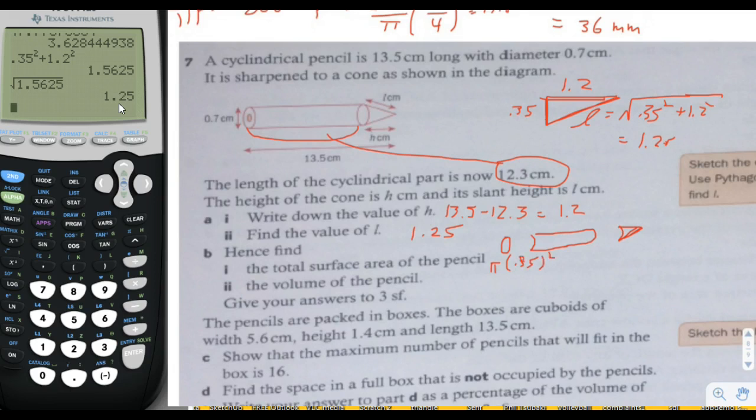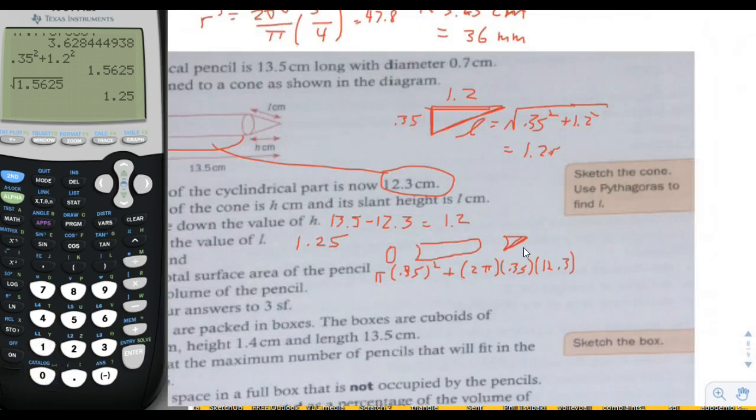The wrapped around part would be 2 pi r, with r 0.35, times the length of the cylindrical part, which is 12.3. And the cone part would be pi r l, where l is the slant height.